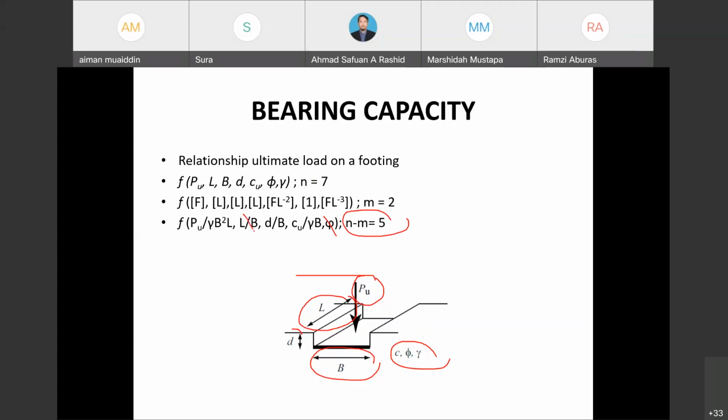So we can use L over B, D over B. It depends on what our interest is.